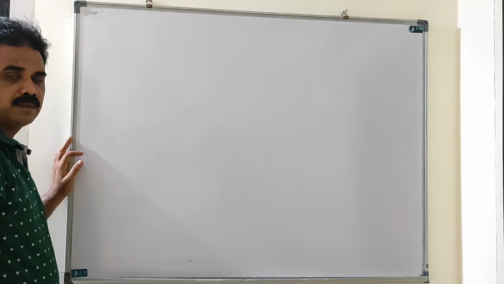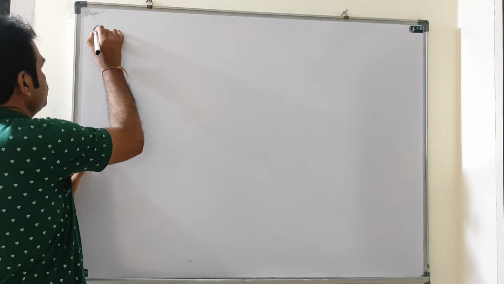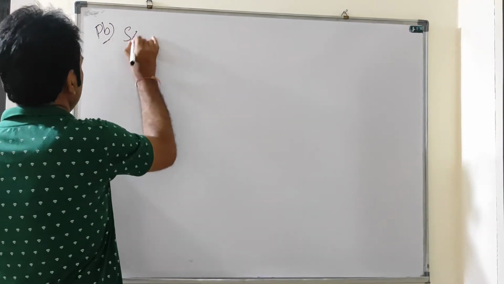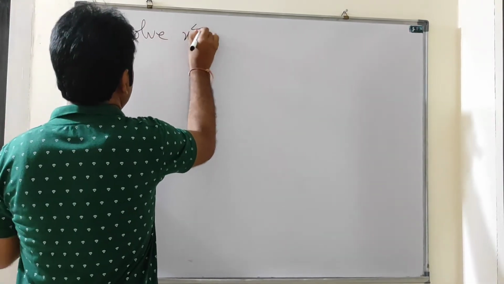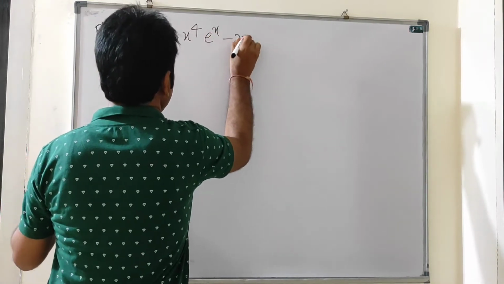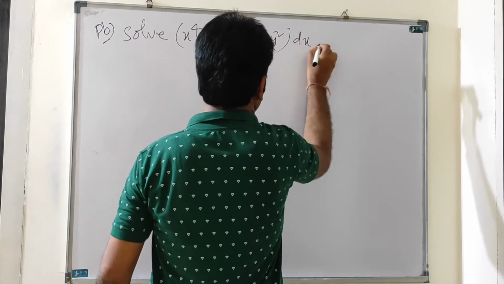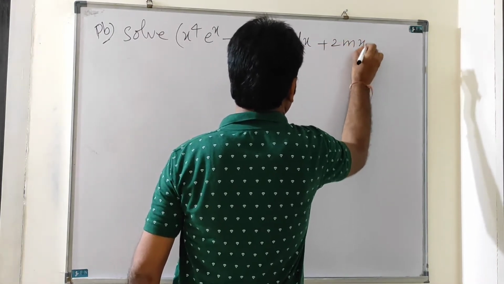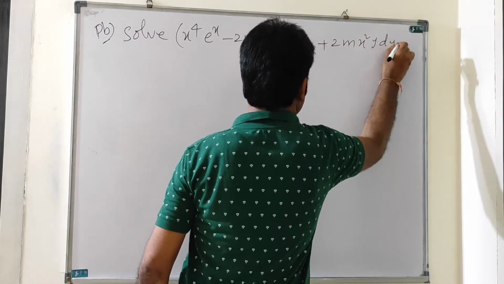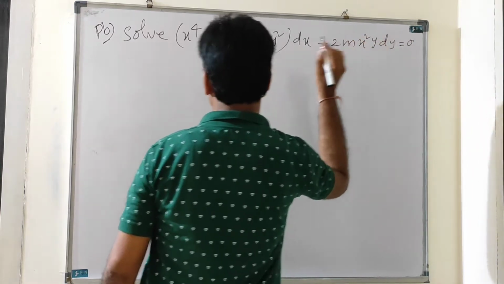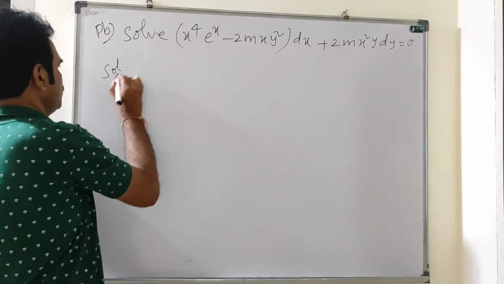See the problem. Solve (x power 4 e power x minus 2mxy square) dx plus 2mx square y dy is equal to 0. See the solution.